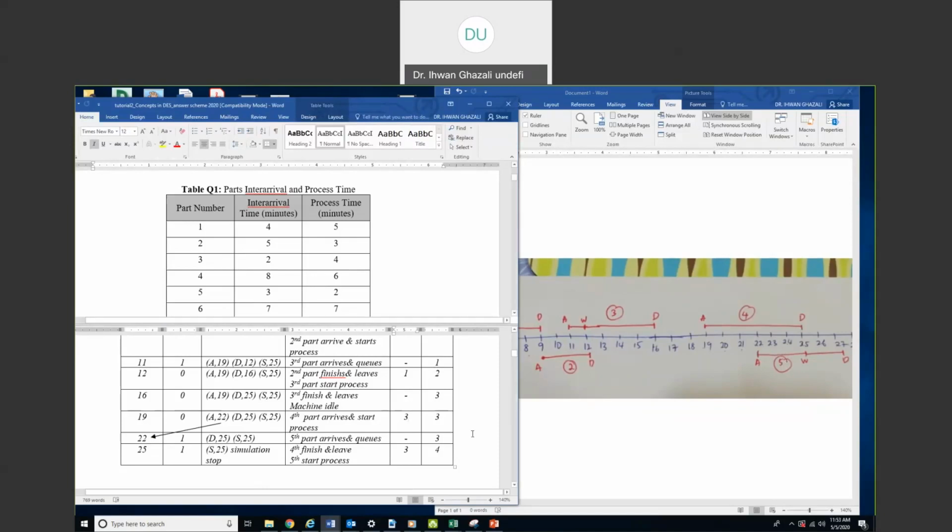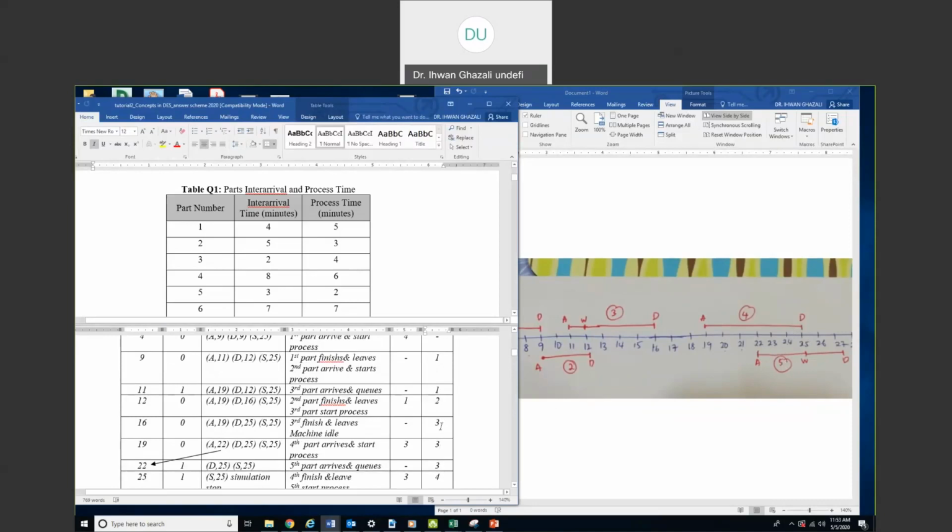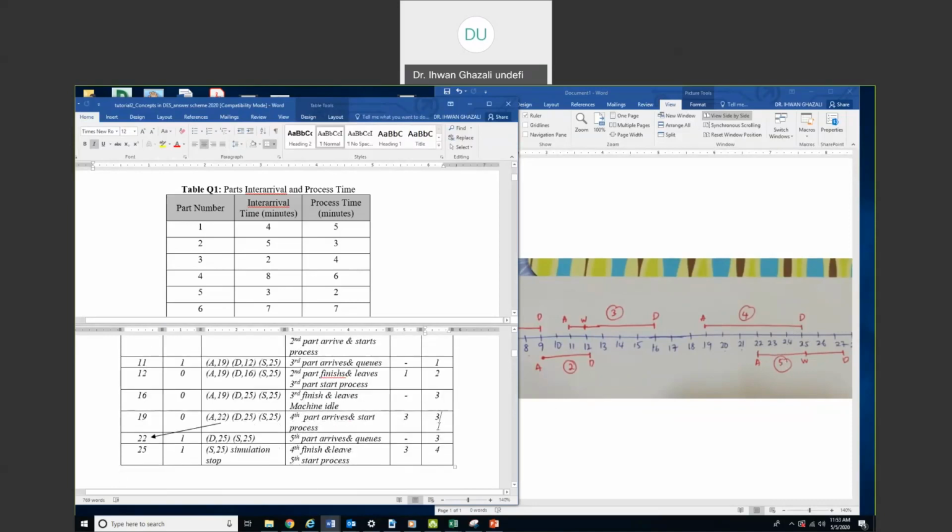And then we continue, and then okay, part 3 finishes, and then some new part, part 3. And then we can see the next activity is here.